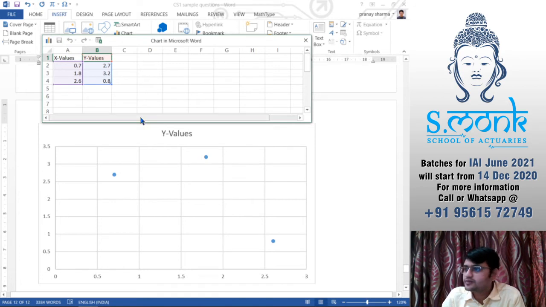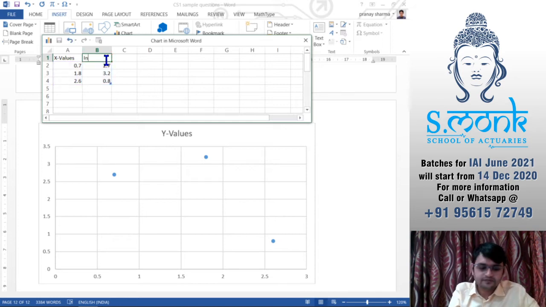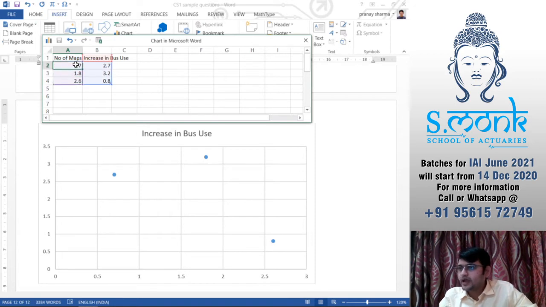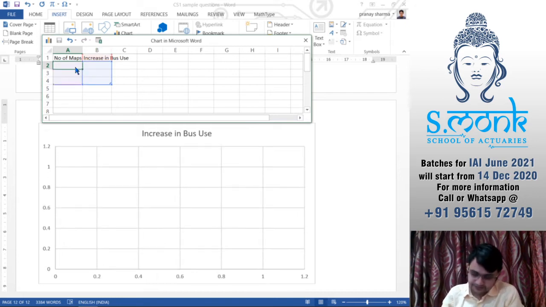So this is our scatter plot diagram. Label them correctly. Okay, number of maps and increase in bus use. And then just write down your values.